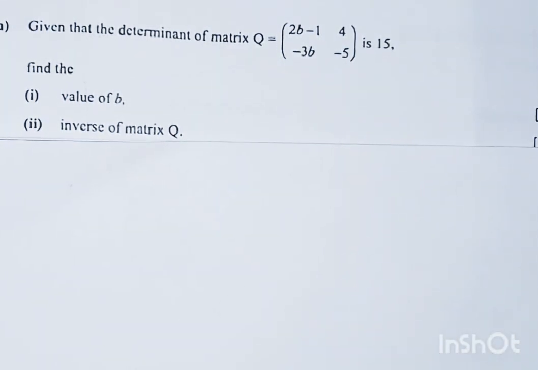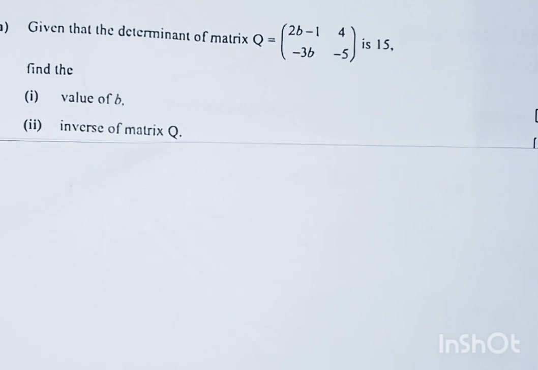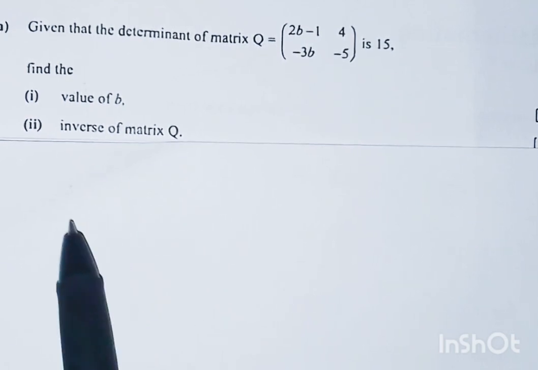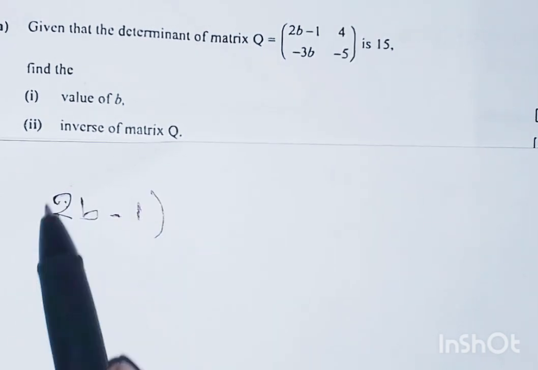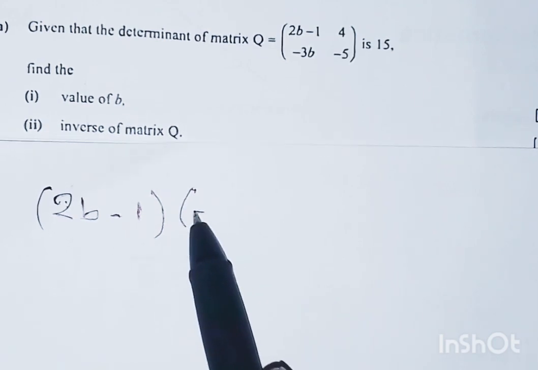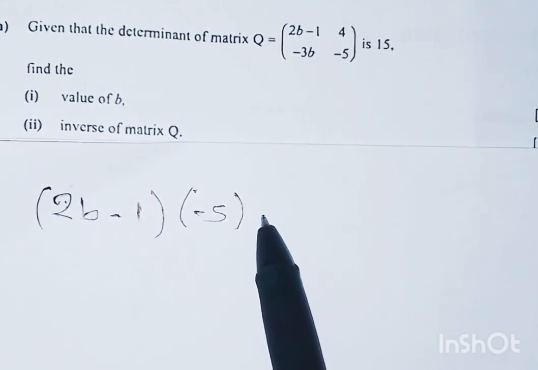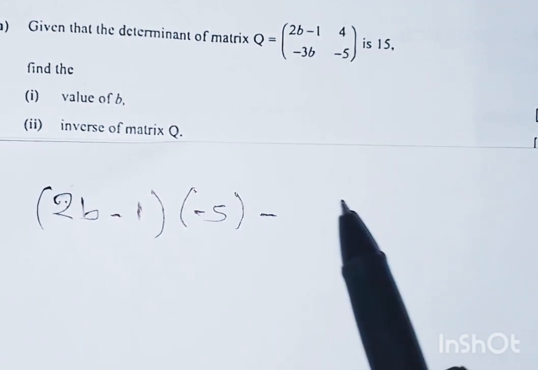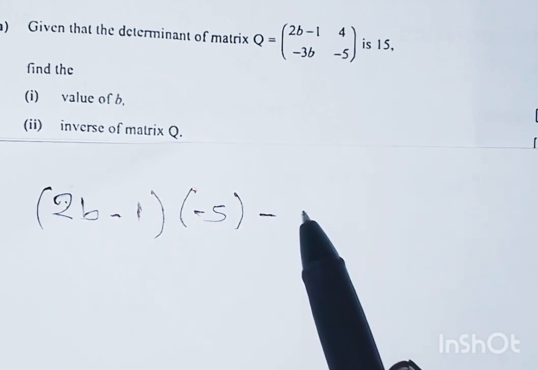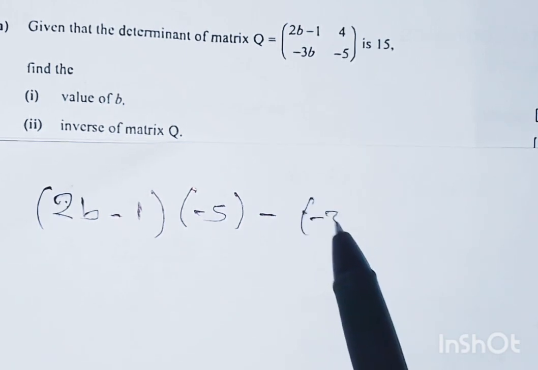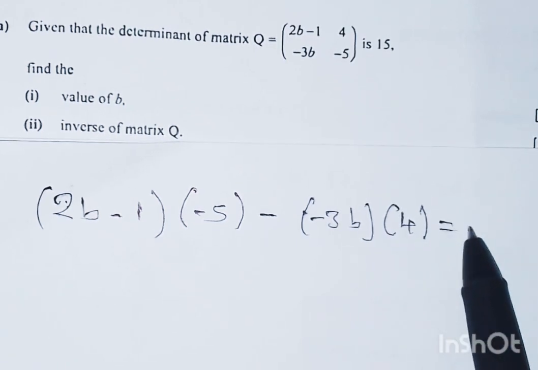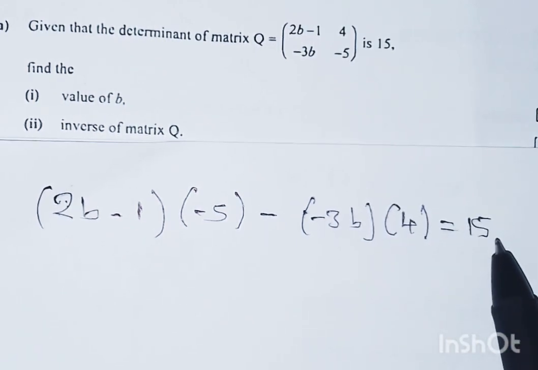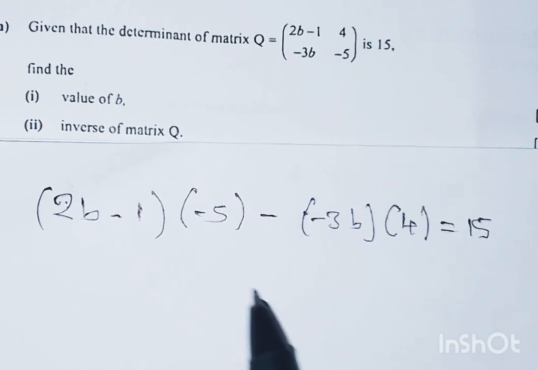In this case, our major diagonal is 2b minus 1 multiplied by negative 5, minus our minor diagonal, which will be negative 3b multiplied by 4. This should give us 15.